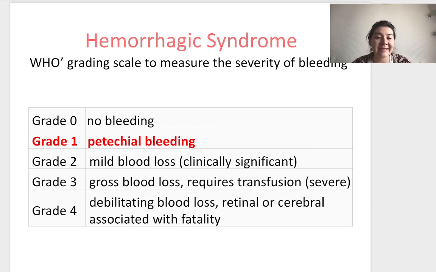And grade 4 is debilitating blood loss, retinal or cerebral, associated with fatality. Most often hemorrhagic syndrome is grade 1 with petechial bleeding and some petechiae present, but other, more severe grades are possible.